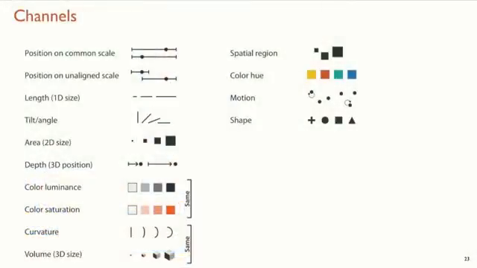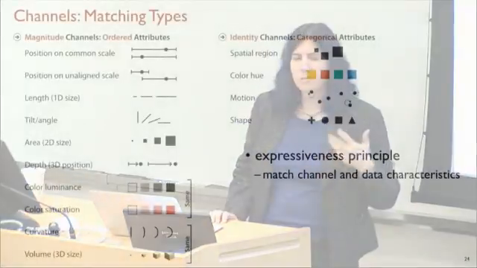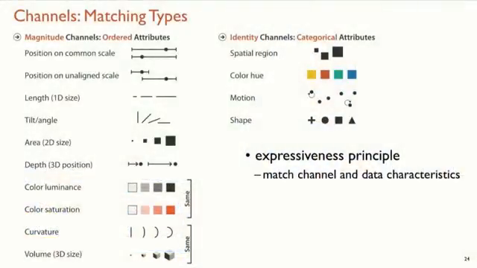Now, an interesting question is, how many channels are there? The answer is quite a few. Here are a lot of the channels I already mentioned, and I seem to have them in particular orders. What's going on here? This gets into one of the fundamental questions. This was originally proposed back in the 80s by Jock Mackinlay, this principle of expressiveness.